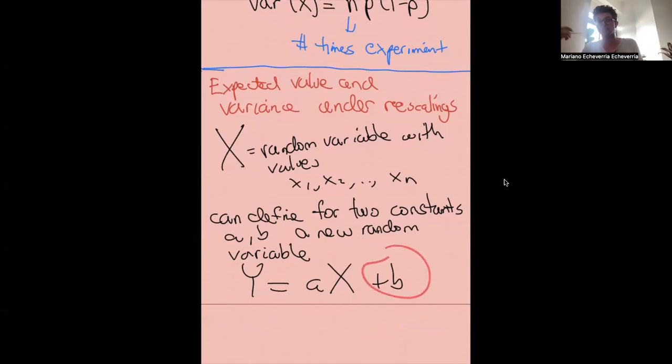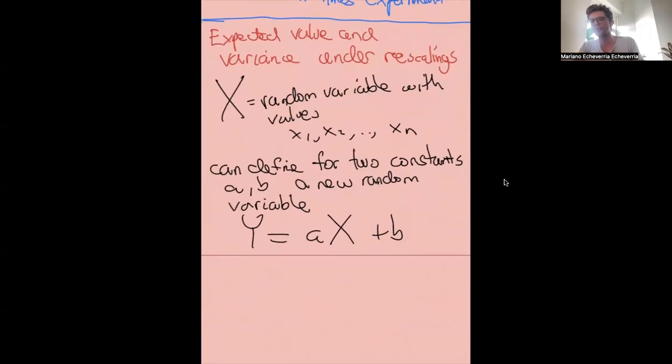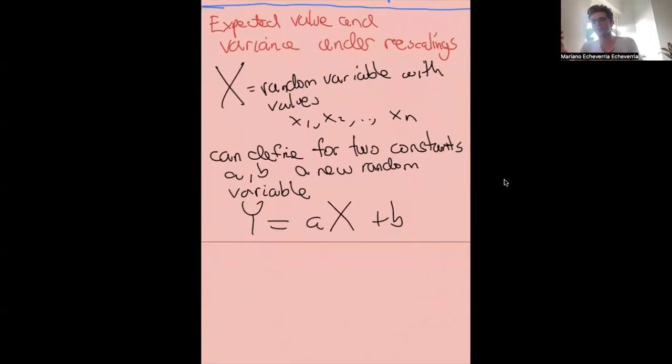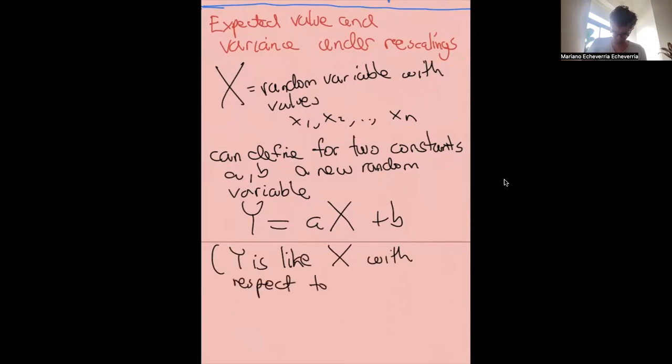So sometimes you do need this coefficient around, but in most cases think of it as measuring the random variable in a different set of units. That's how, to a first approximation, you can think of this new random variable. It's like x, but we're measuring in a different set of units. Is that making sense?